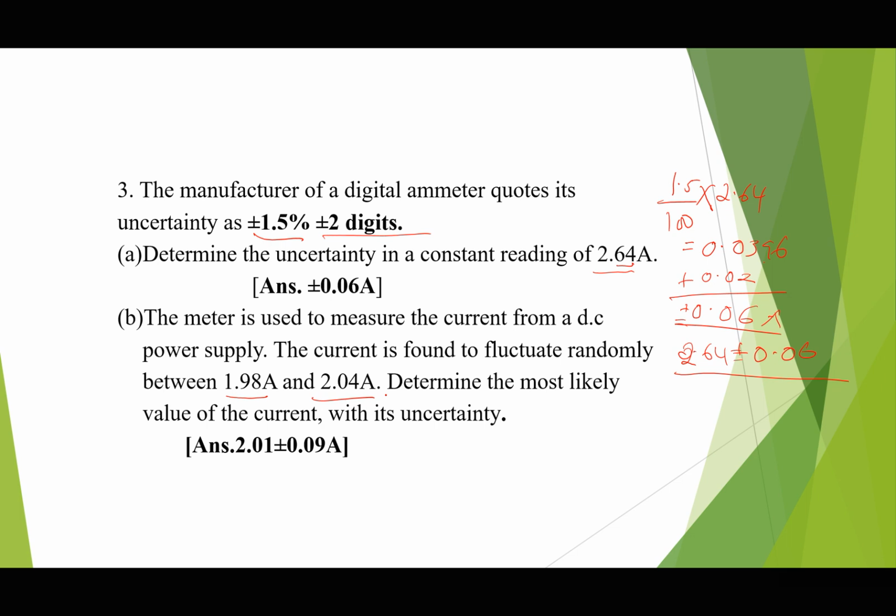So the most likely value of current will be equal to 1.98 plus 2.04 divided by 2. I'm finding the average. This will be equal to 2.01.